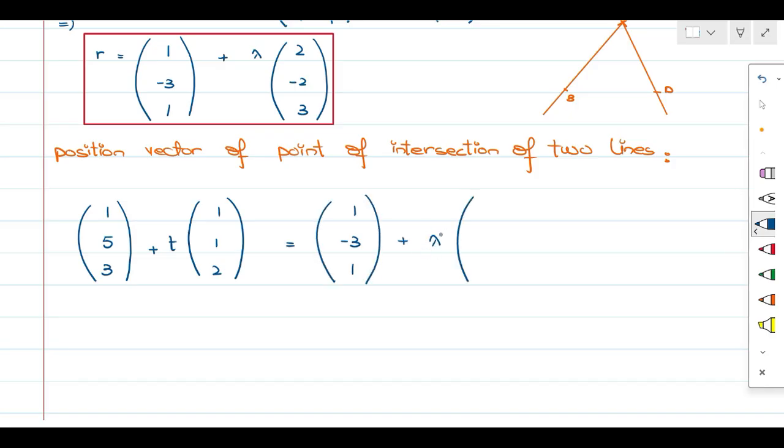We are not using t over here because both would be the same, so we have to solve for t and lambda.